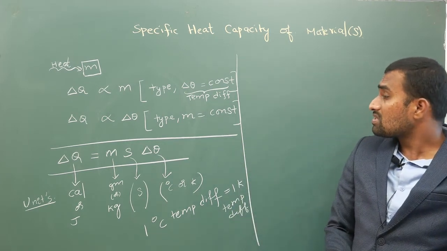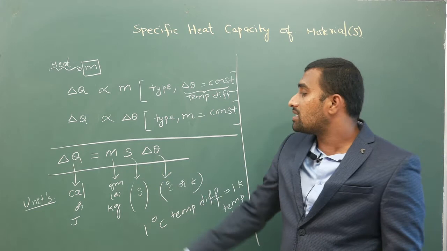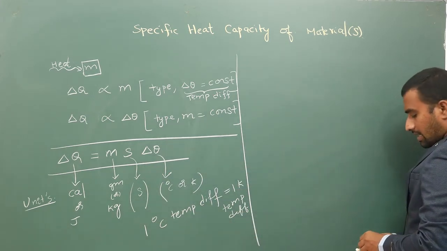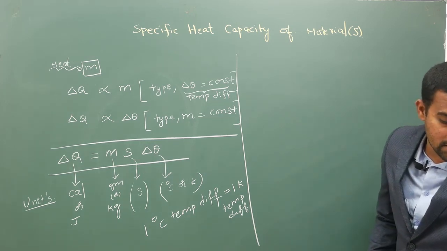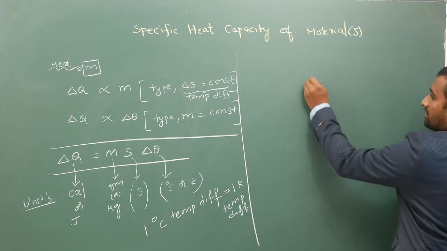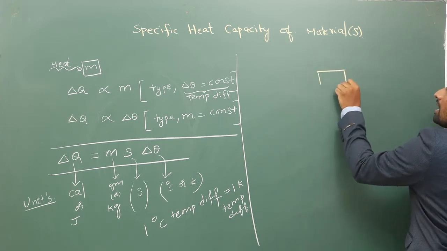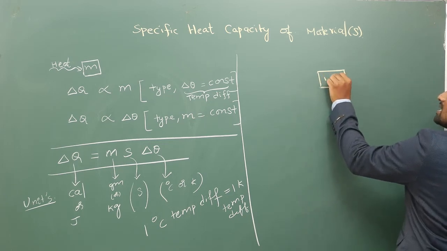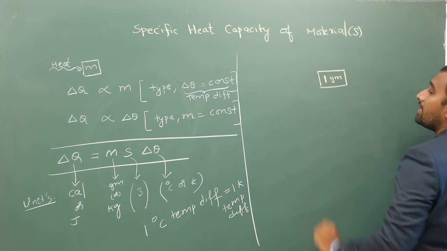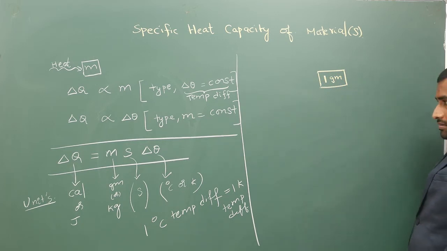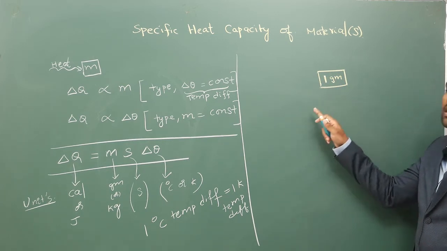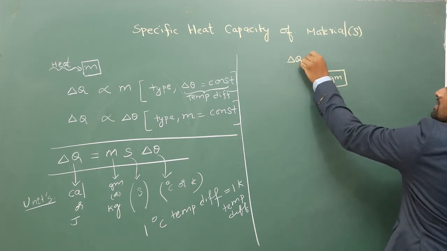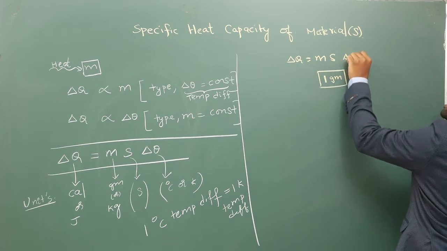Now from this expression, your specific heat capacity can be defined logically. In the books the definition is given this way: if you have a material whose mass is 1 gram, defining in CGS units, I have taken mass in grams; if you want SI units, take kg, no issues. Your definition is delta Q equals M into S into delta theta.